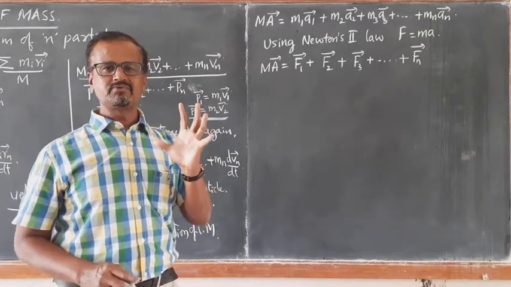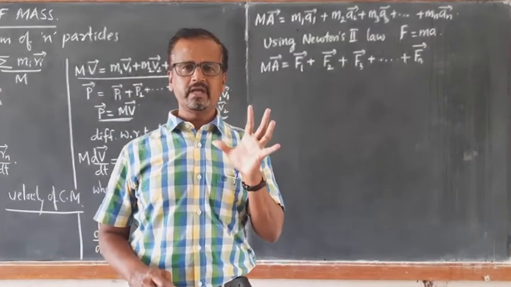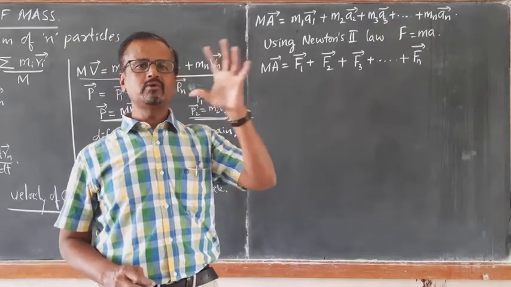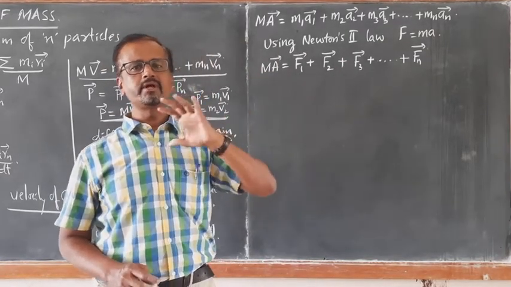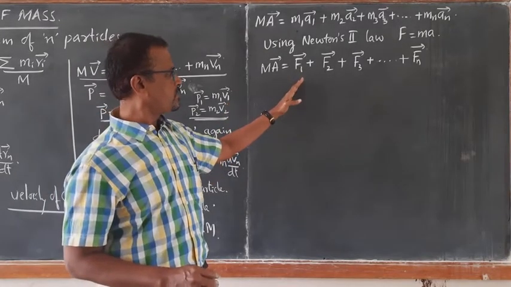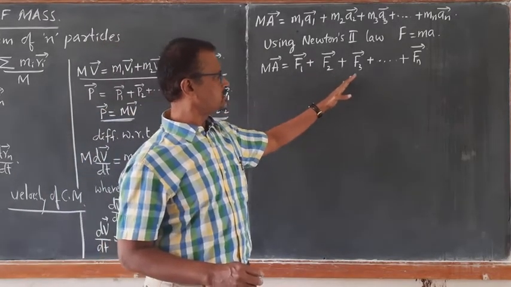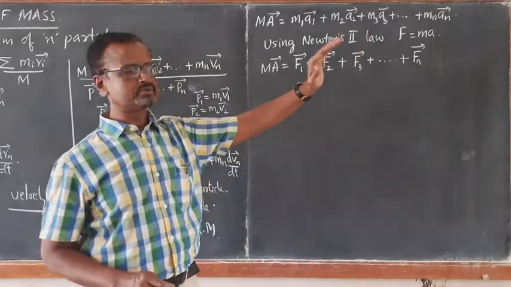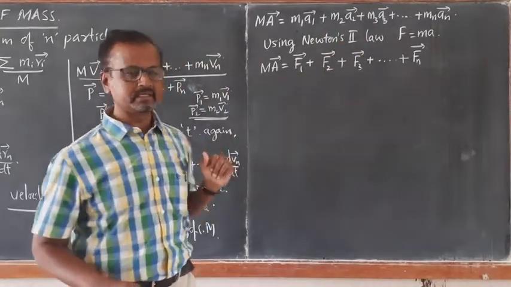When there is an external force acting on a rigid body, then the body undergoes accelerated motion. So that is going to be the vector sum of all the forces acting on all the individual particles.